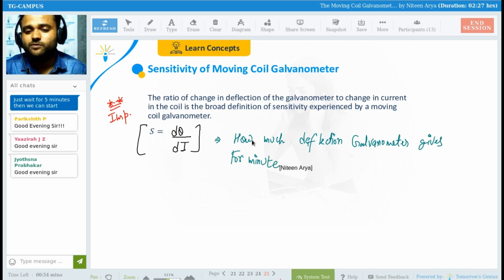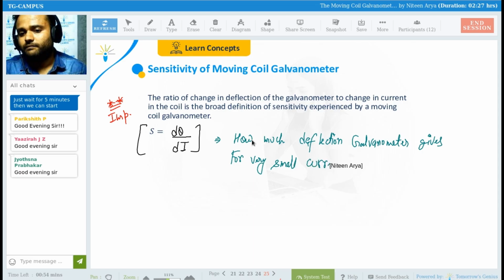Minute means very small current. Okay, that is the meaning of this.